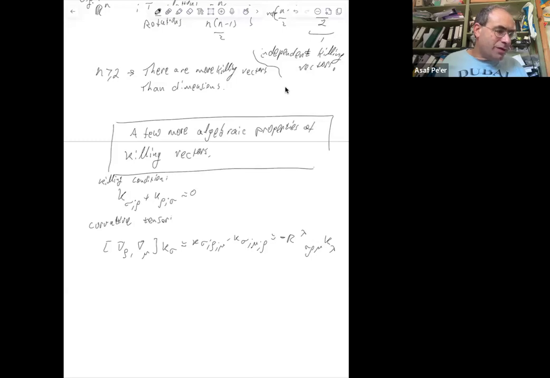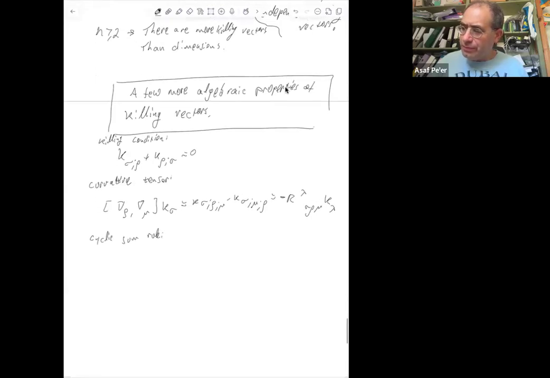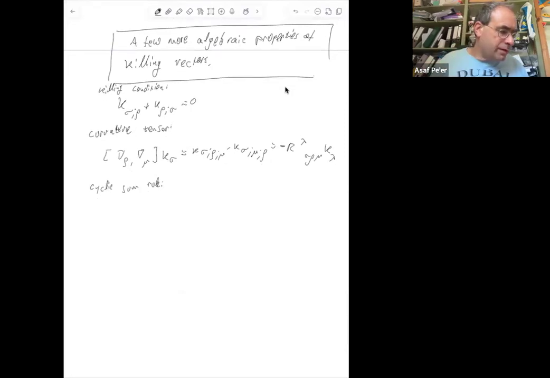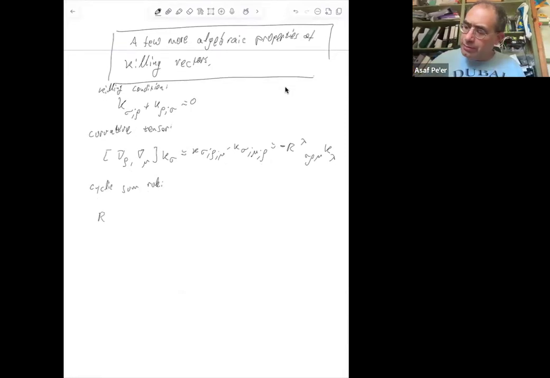Now we also had the cyclic sum rule for the curvature tensor, which was R lambda sigma rho mu plus R lambda mu sigma rho plus R lambda rho mu sigma is equal to 0.